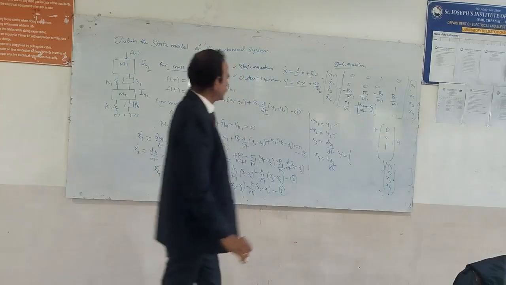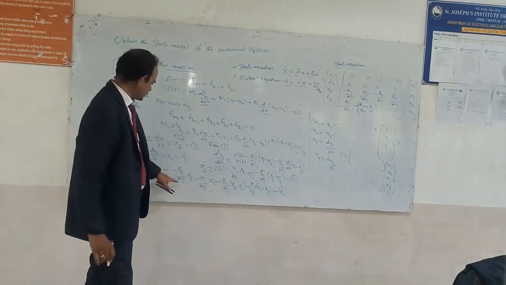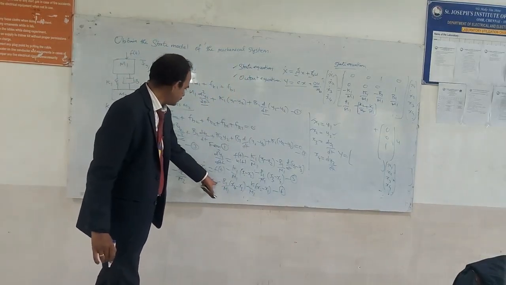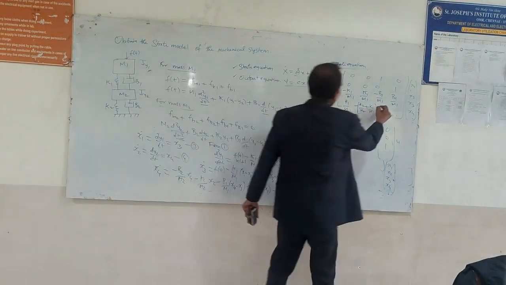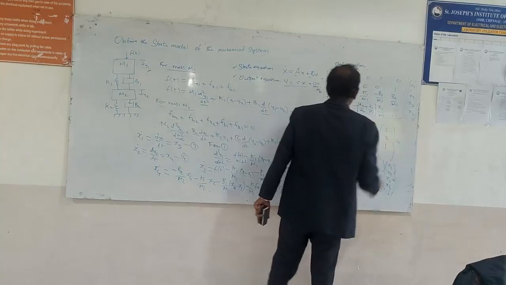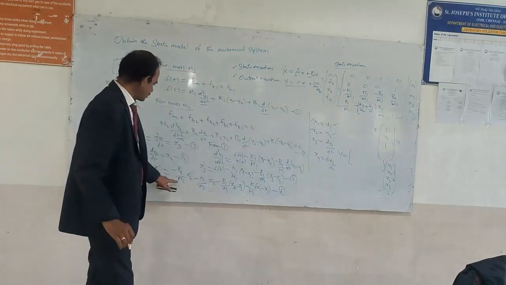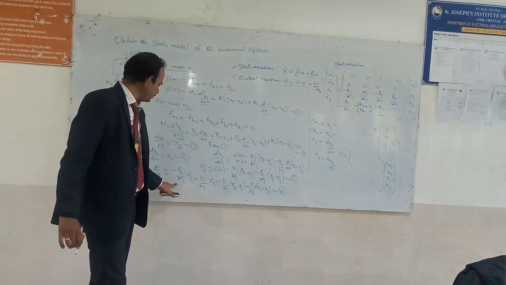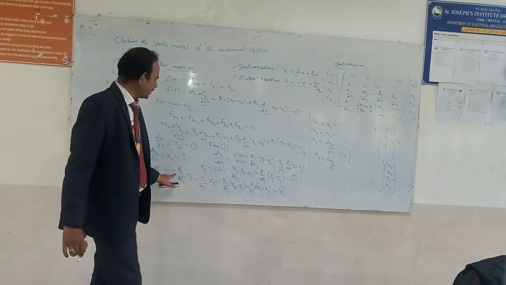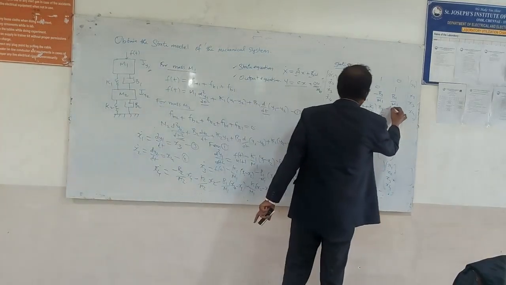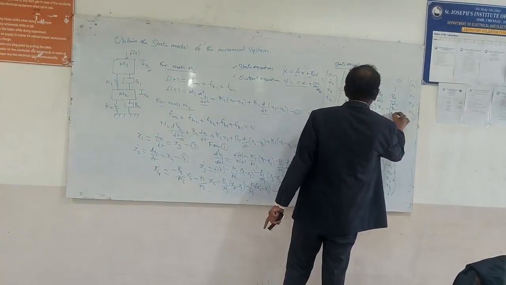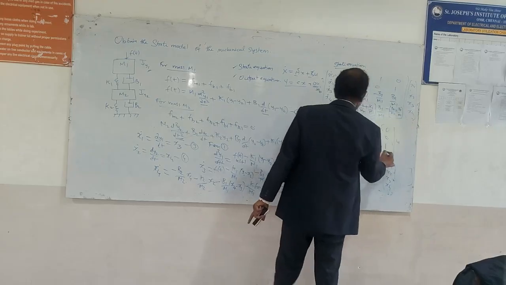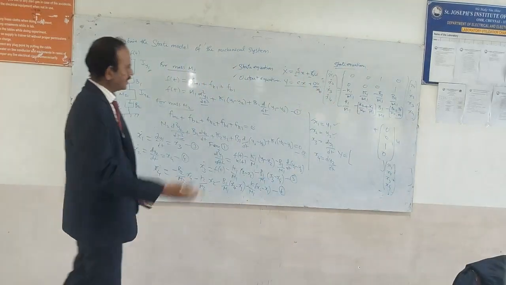For the x3 coefficient, see the x3 coefficient present here, minus of b1 by m1, so plus b1 by m1. x4 is present in this term as well as this term. If we take the minus common, it is minus of (b2 by m2 plus b1 by m1). But there is no u term, there is no f term, so make it 0.